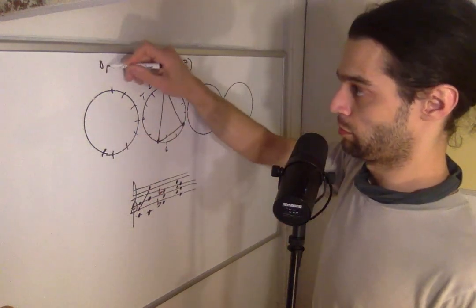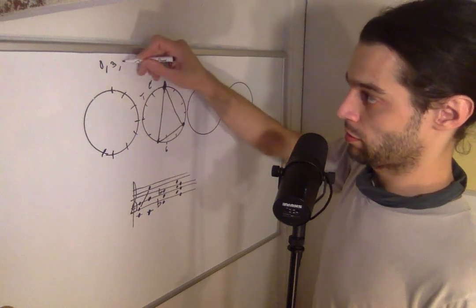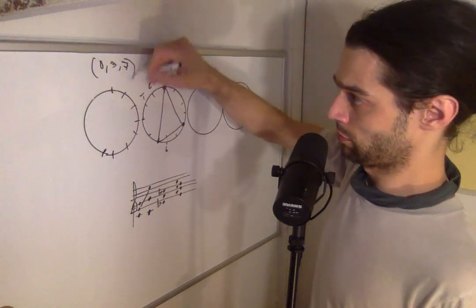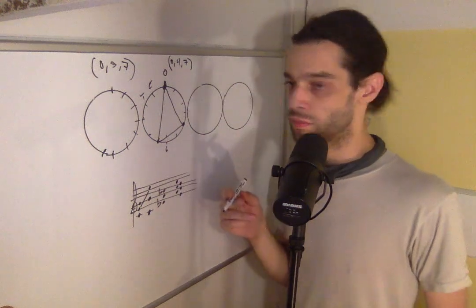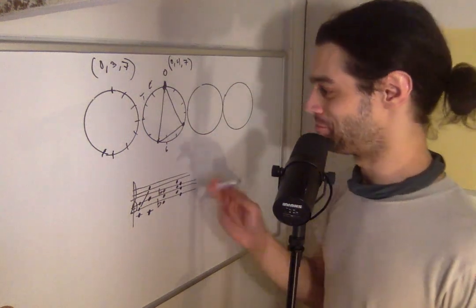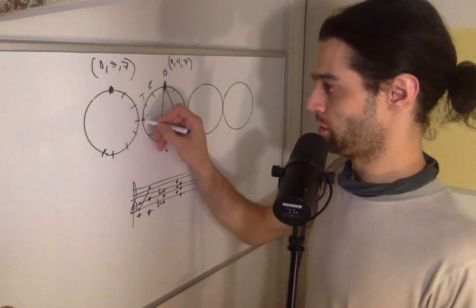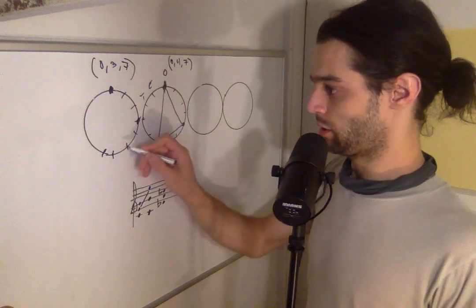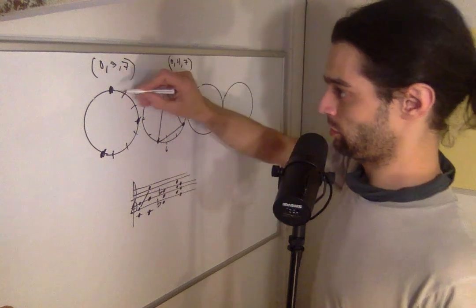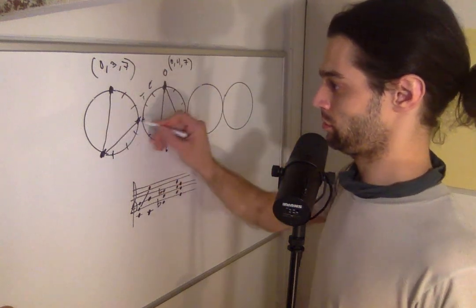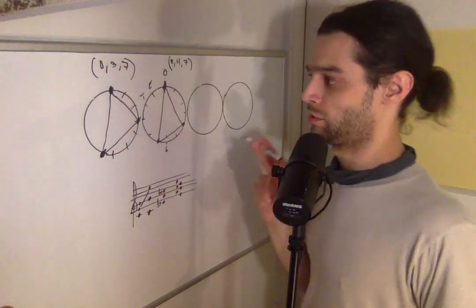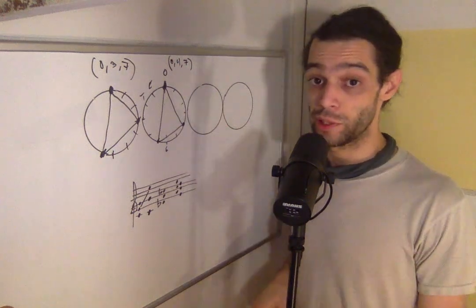So we got 0, 3, and 7. Okay, if you can read that. So we start at 0, 1, 2, 3. Okay, and 7 over there. So it looks very similar to the major triad.